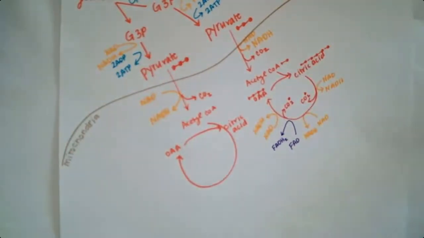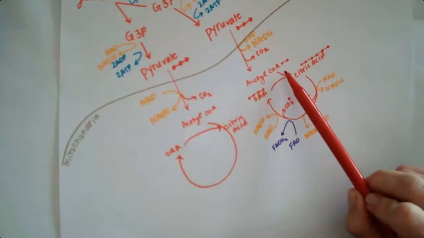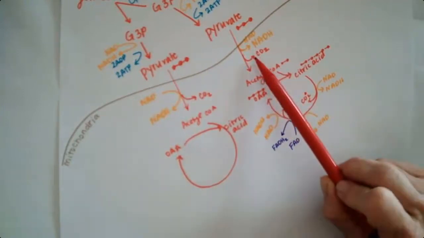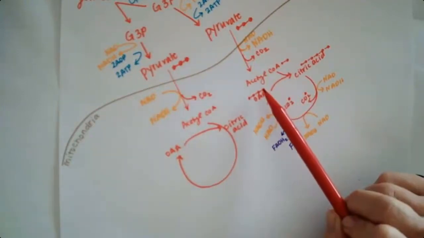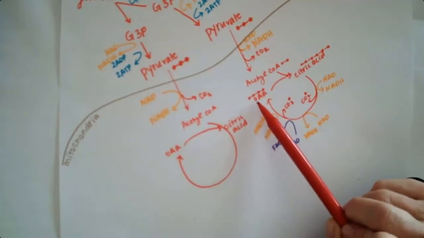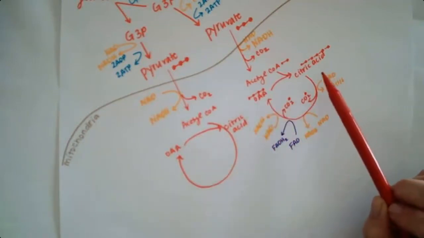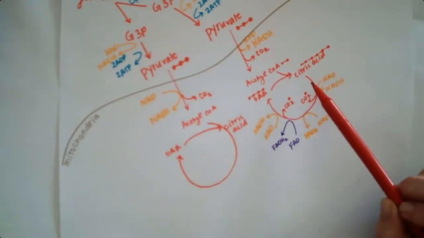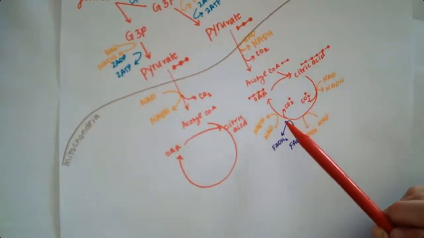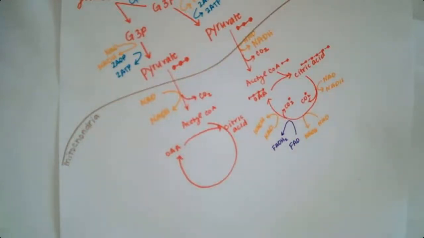So we have our 2 carbon acetyl coenzyme A, as it lost a carbon from pyruvate, joining up with 4 carbon oxaloacetate to make a 6 carbon citric acid, and then we see the removal of 2 carbons as each one cycles through.